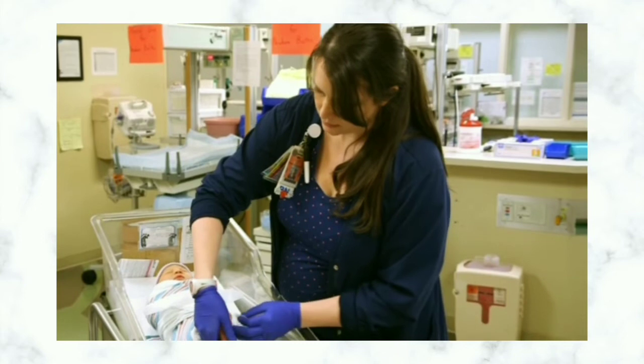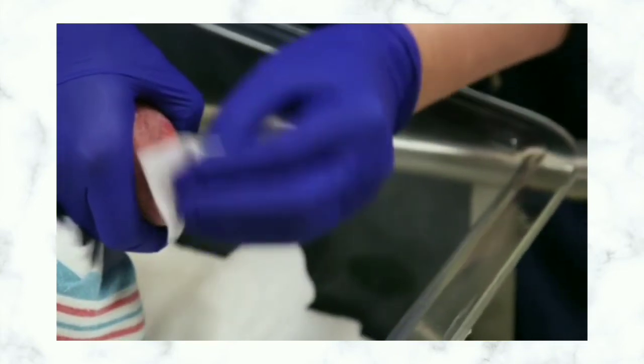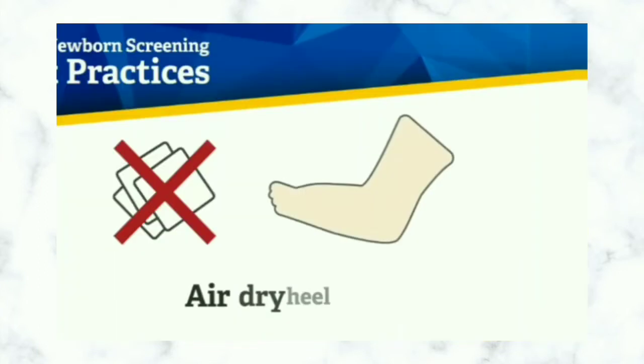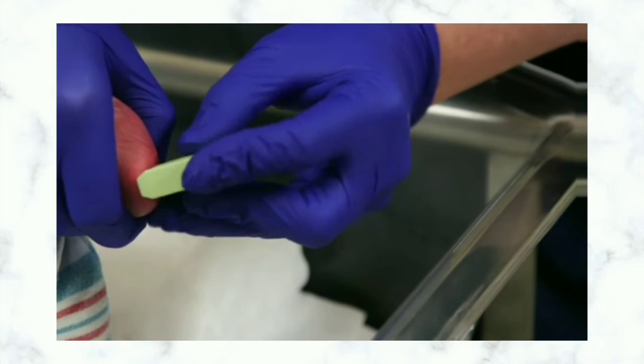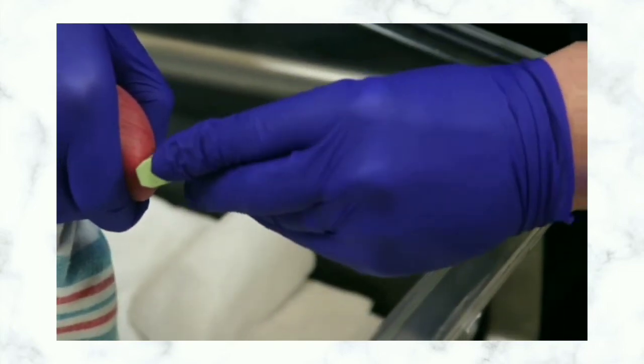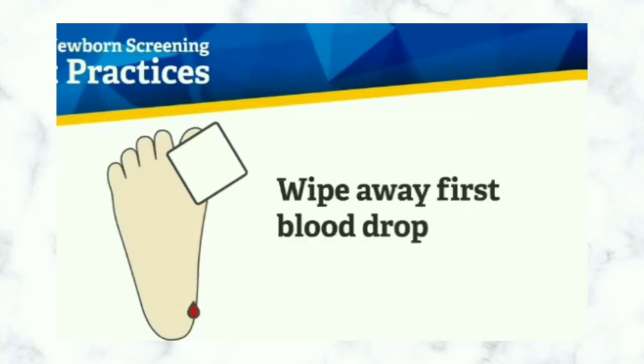First, clean the heel with an alcohol pad or alcohol-wet cotton balls and let the skin air dry. With the heel lancet, stick the heel at a side angle. Wipe away the first blood drop with a sterilized gauze pad.